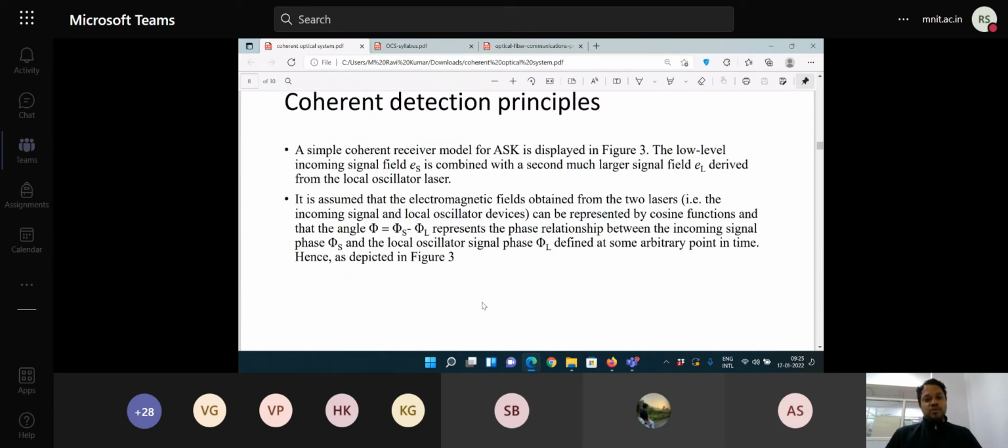The electromagnetic fields coming from the two lasers can be represented by cosine functions.